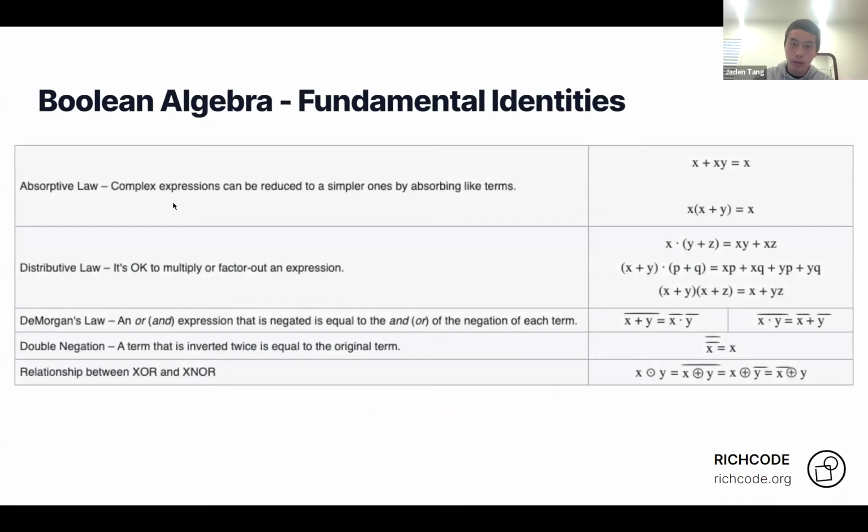And then some more fundamental identities. We have the absorptive law, where we can absorb like terms. If we have x plus xy, it will always equal x. So x OR xy will always equal x.